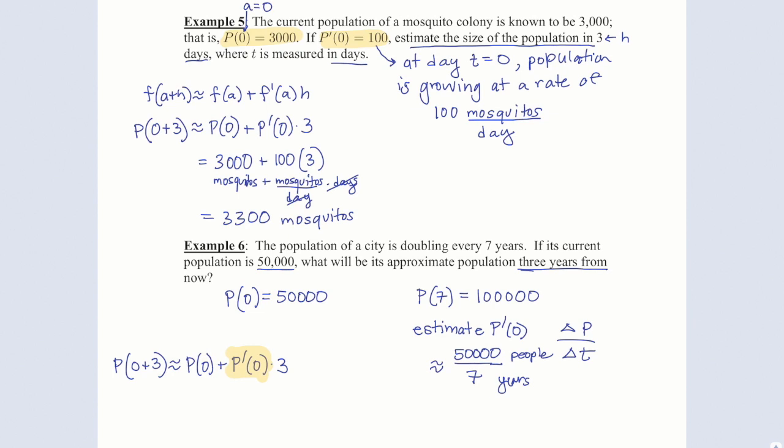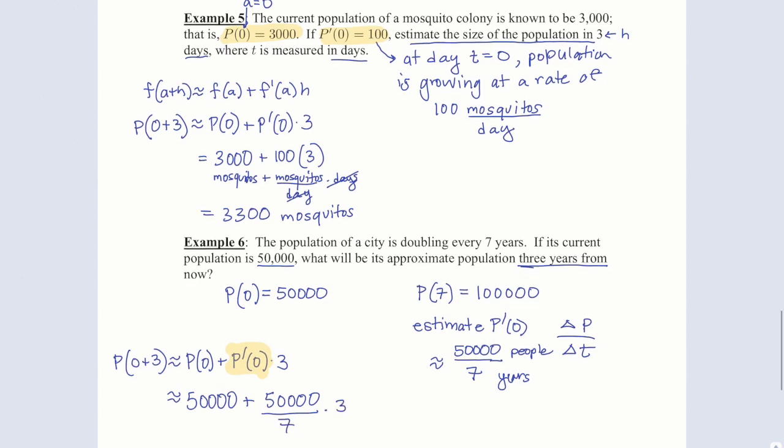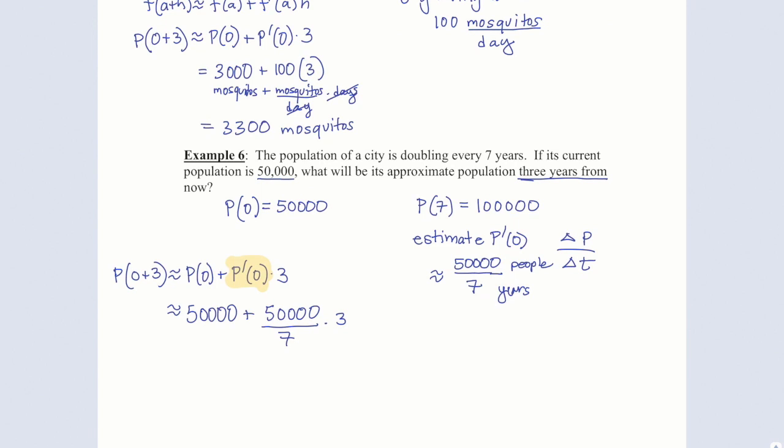And that's not going to come out even, so I'm just going to leave it as that. So we'll say p of 3 is going to be about equal to 50,000, the current population, plus the rate of change, 50,000 people every 7 years, times 3 years. Right?